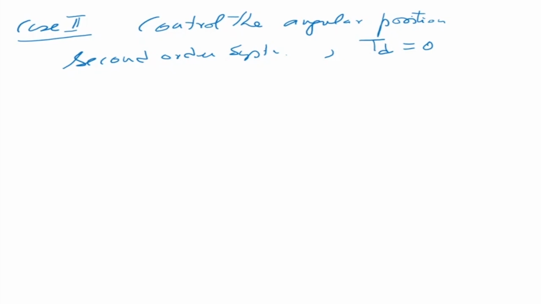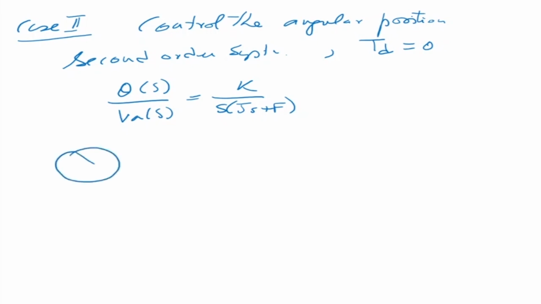In this case, theta(s) by V(s) is equal to K by S into (JS plus F). Now there is an S squared in the denominator; in the previous case it was just S. If I draw the control block diagram, it is plus minus, and this is my theta d(s).